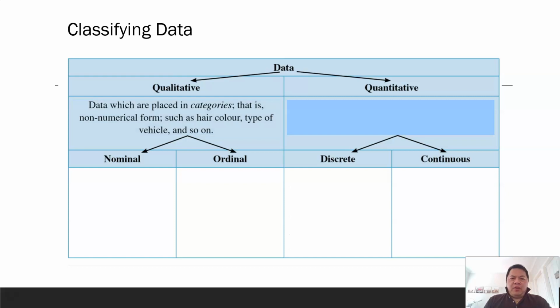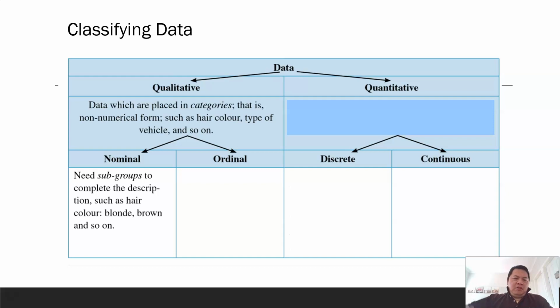Let's say I want to find out about the different hair colors of students in the class, or the type of vehicles that your parents drive. The nominal will be the specific kind, whereby, let's say it's color, blonde, brown. For cars, it could be a sedan, an SUV, a van, and so forth. Okay, that's nominal.